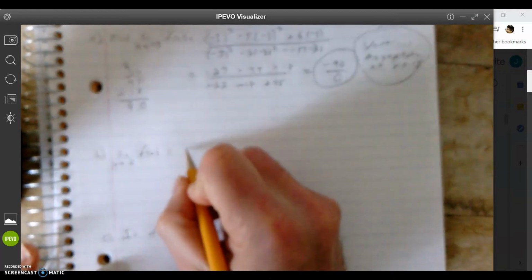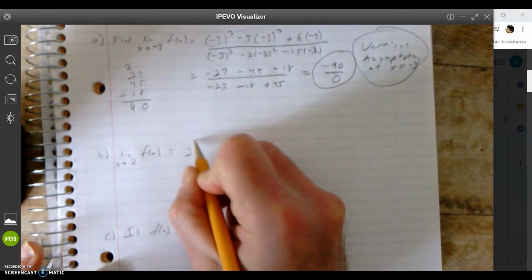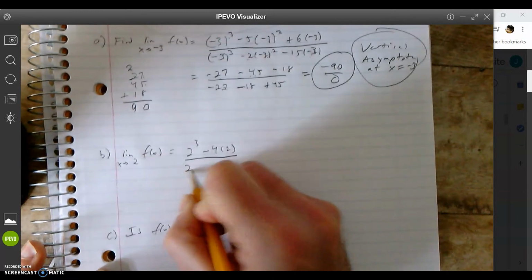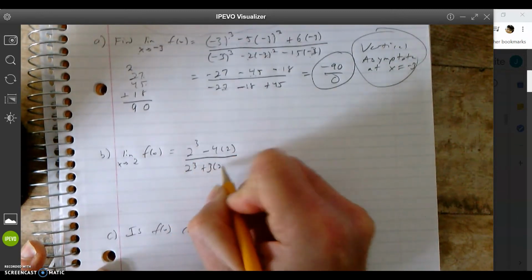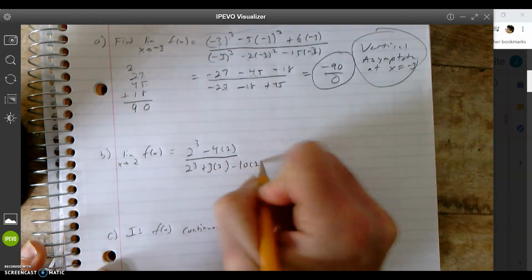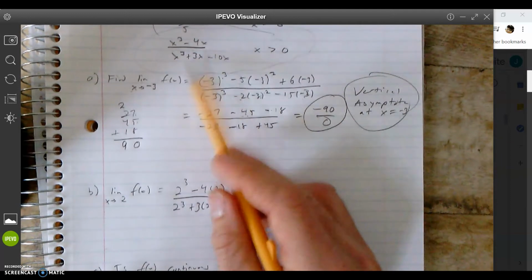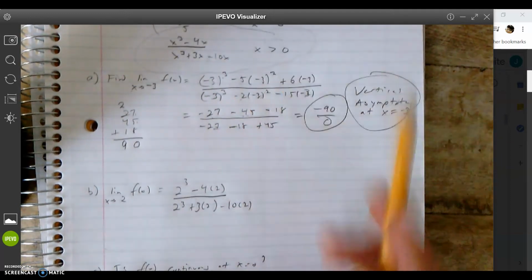So limit as x approaches 2 is going to be 2 to the third minus 4 times 2 over 2 to the third plus 3 times 2 minus 10 times 2. All I'm doing is plugging in 2 right there because 2 is greater than 0.